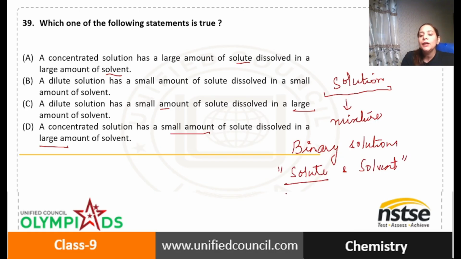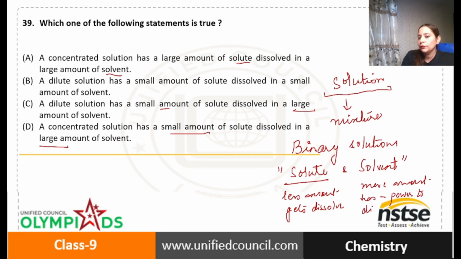What is solute? The one which is present in less amount, and solvent is the one which is present in more amount. Also, solute gets dissolved in solvent, and solvent has the power to dissolve solute. This is how you define solute and solvent.